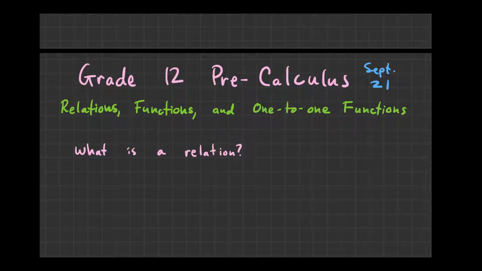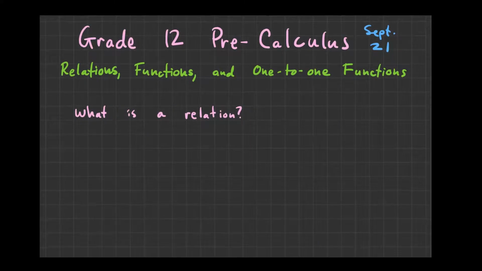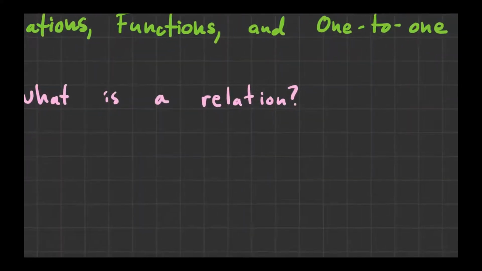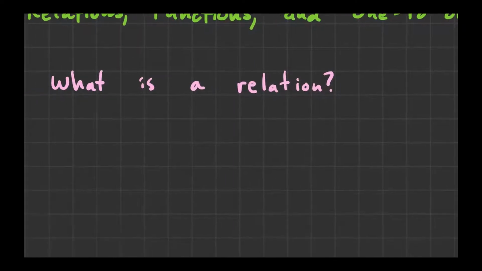So let's start off by talking about relations. Can anyone tell me what is a relation? Do we have any ideas of a relation? I mean, even just thinking about the word, what it means in English. When I think of the word relation, I really like looking at words and taking them apart and looking at the etymology.